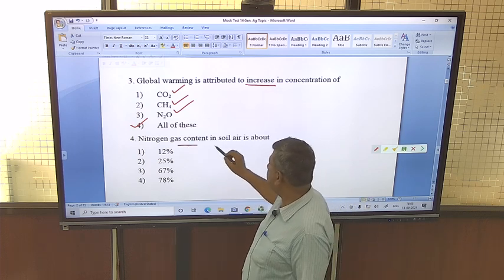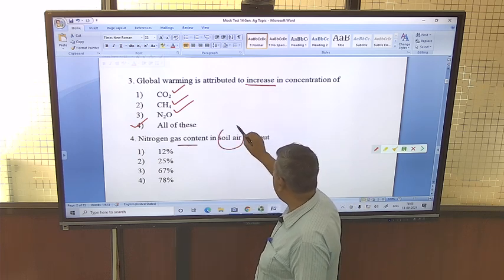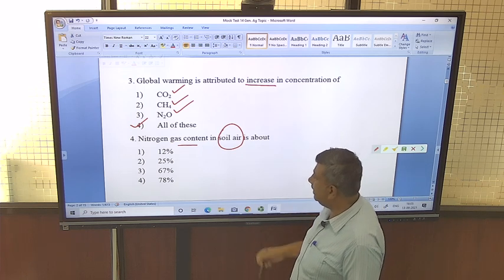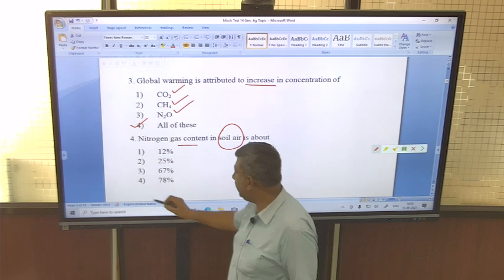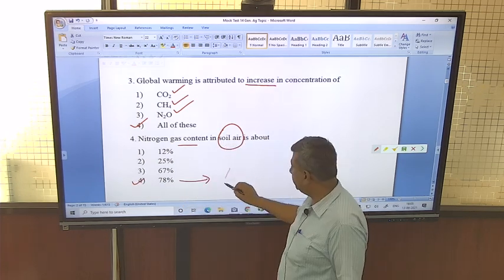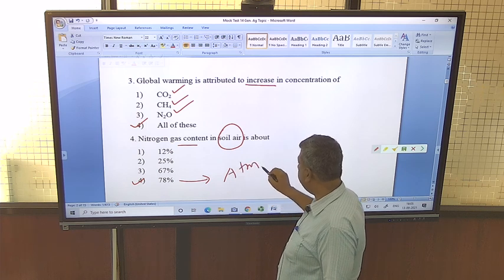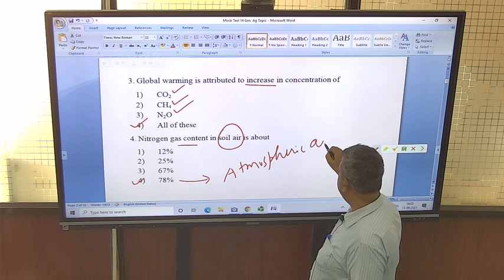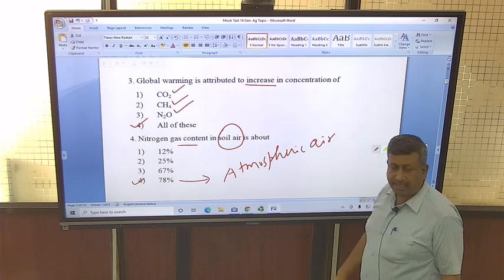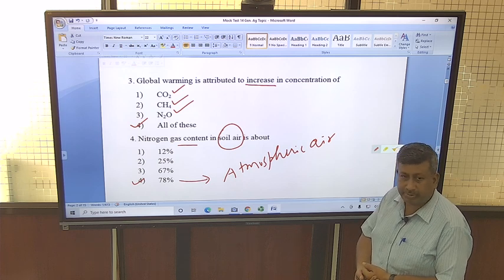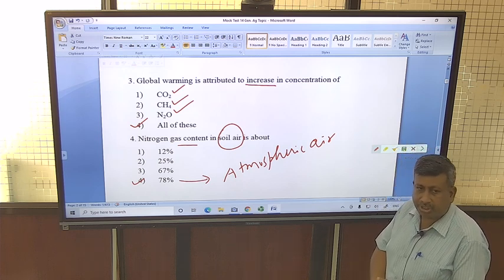Nitrogen gas content in soil air. It is not atmospheric air, it is soil air. What is the nitrogen content? It is 78%. It is almost equal to atmospheric air. So the nitrogen content is the same in soil air as in atmospheric air, but there is a difference in CO2. This question may be asked: what is the CO2 concentration in soil air?